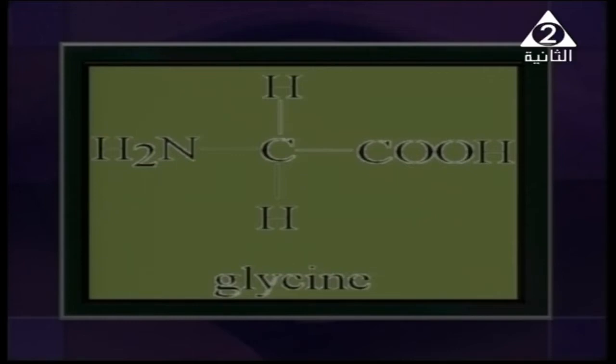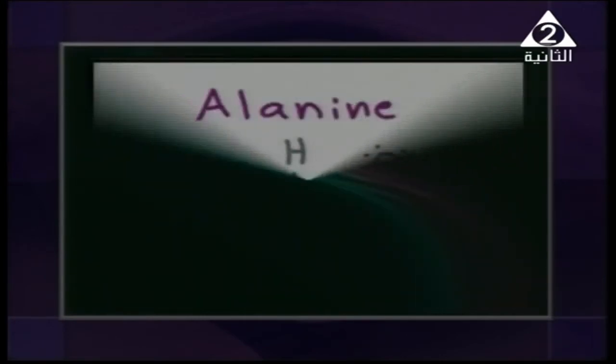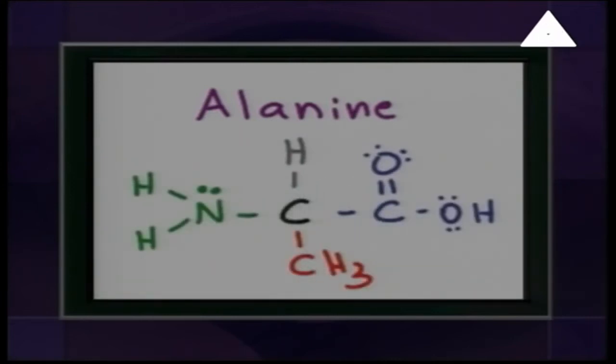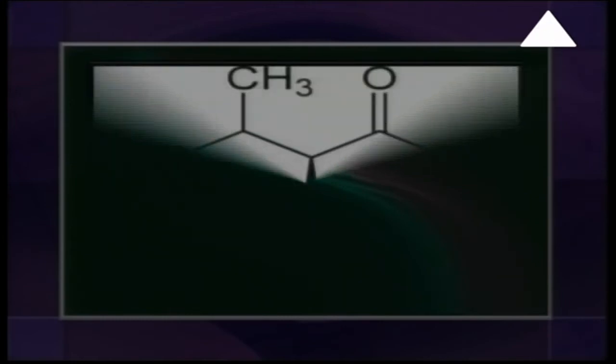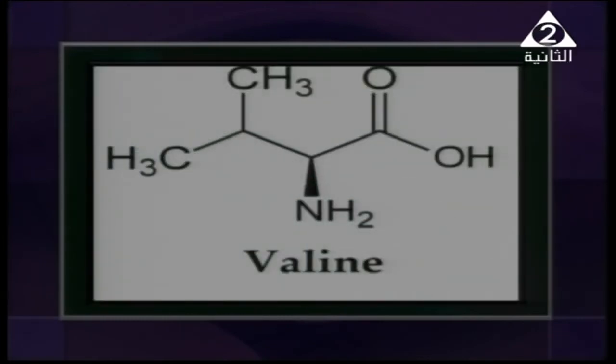The number and the kind of amino acids are factors that cause the difference in proteins. This amino acid is called glycine, and we have another type, alanine, and valine, another type of amino acid. We have 20 types of amino acids.